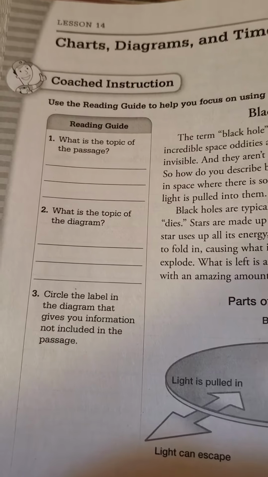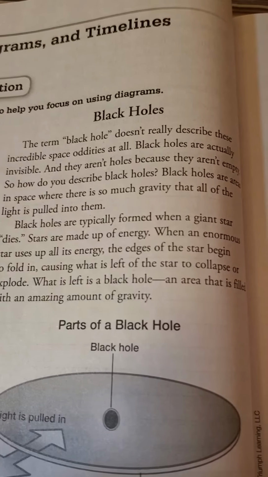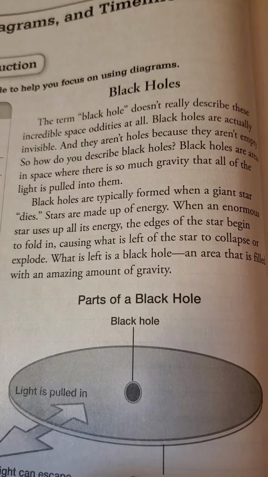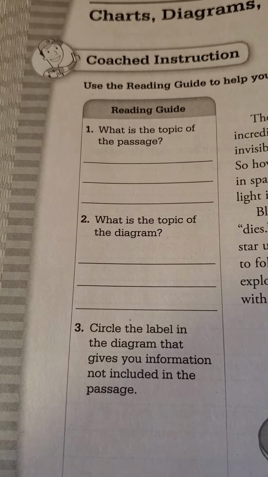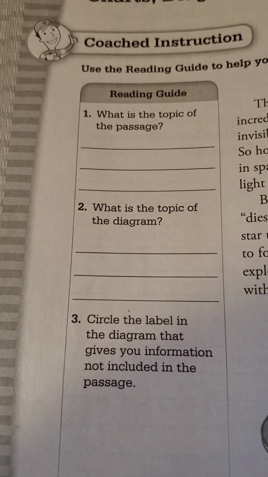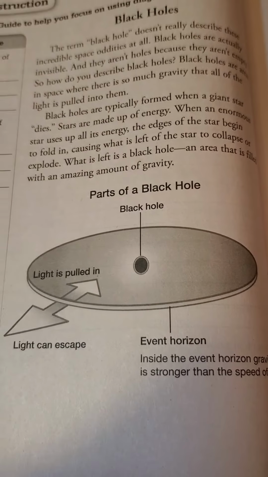So in the reading guide, in the coach instruction today, we're going to read a passage called Black Holes. And we're going to look at what the topic of the passage is, what is the topic of the diagram, which is here. This is a diagram.